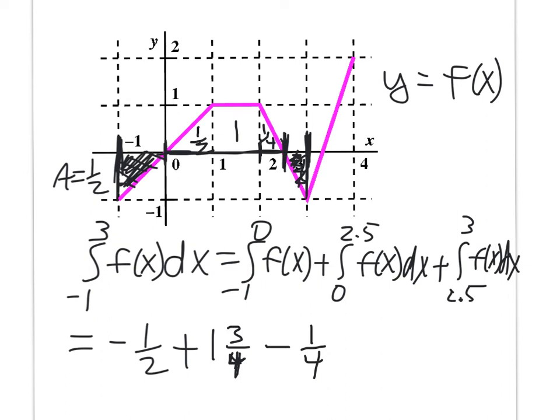And adding those numbers together, we end up with what? Okay. That definite integral value from -1 to 3 will equal 1. And so that's how we can separate what's under the x-axis, what's over the x-axis, and represent with the graph of a function. Questions?